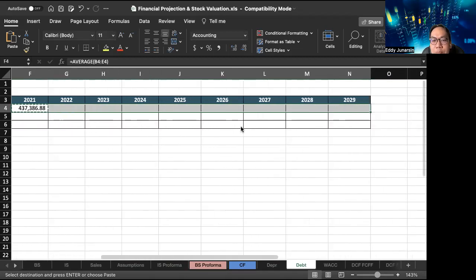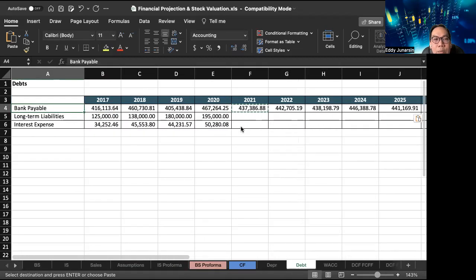Again, this is by no means the best method, and there are many other methods, for example the growth rate method, moving averages of growth rates, regression models, and so on. But I think we could argue here that some amounts would be repaid, some would be added in subsequent years, so it will be around a certain number.